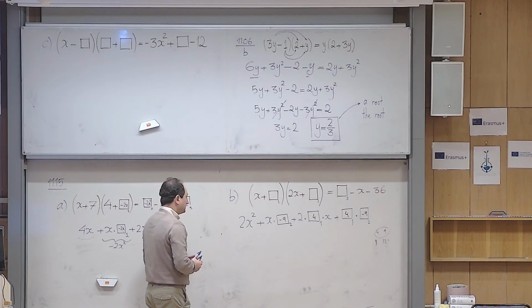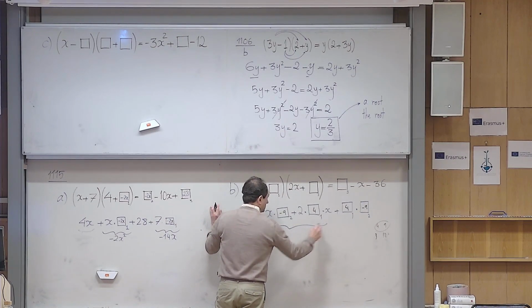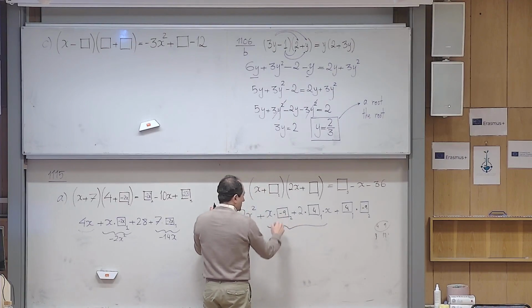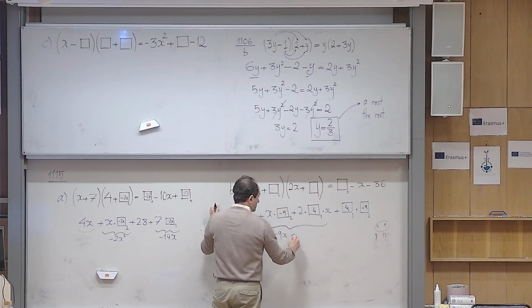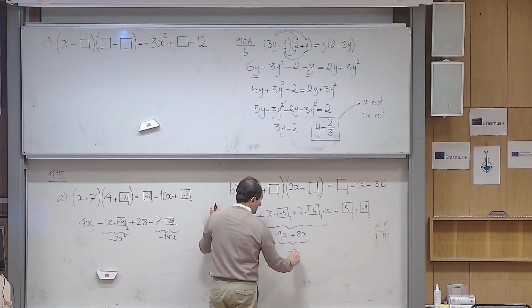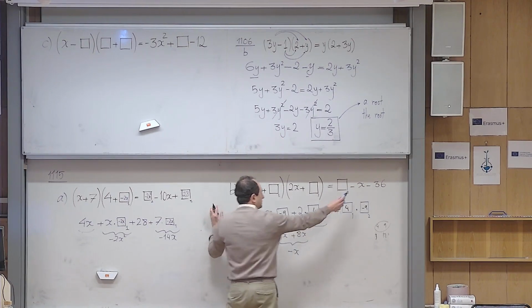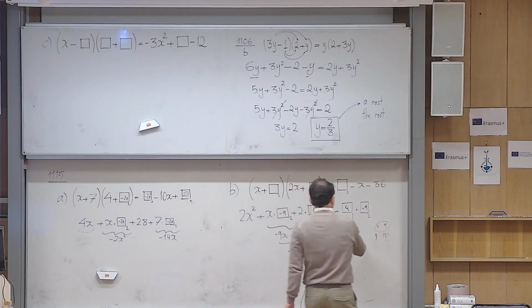Don't you think so? Let us check. If I ask you what is this? This is how many x's? Minus 9x. This is how many x's? And the answer becomes what? Minus x. Do I have minus x? Yes. Okay? And then what is this number now?